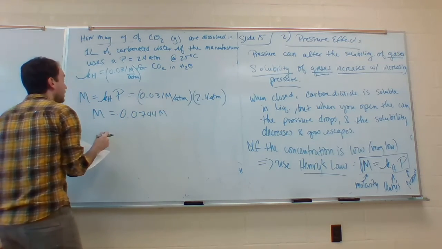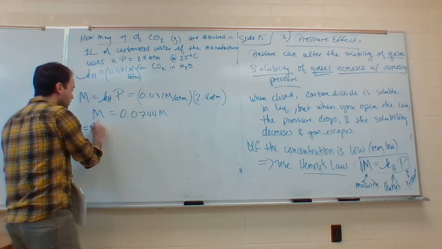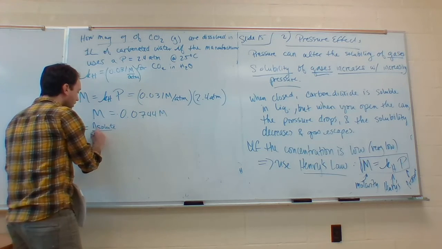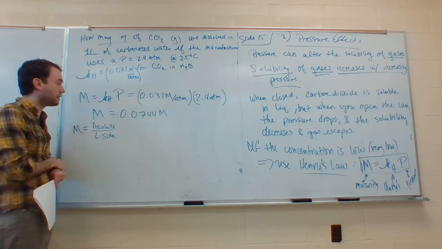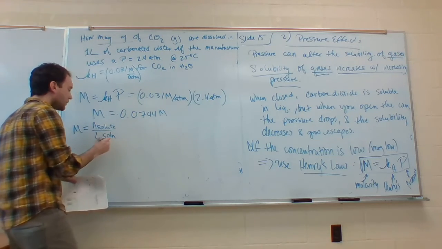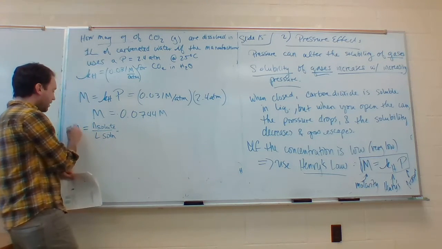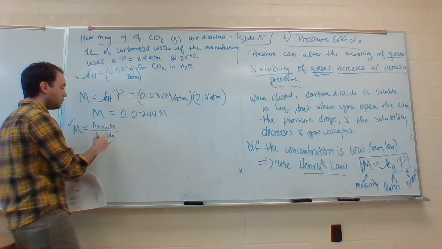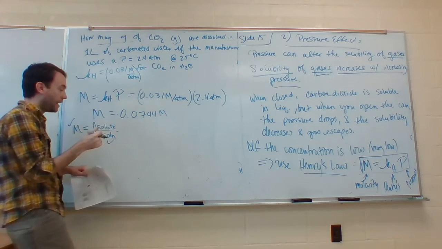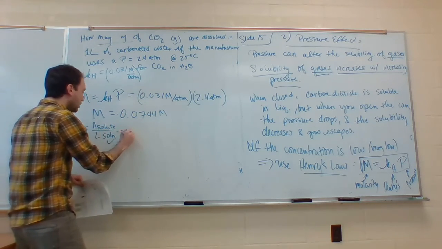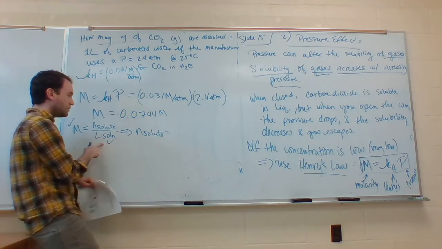So we know that our molarity is defined as moles of solute per liters of solution. We have the volume, we have a liter. So we have our molarity, we have our volume. We don't have our moles of solute, but we want our grams of solute, so we can easily get that. Let's get our moles of solute, and that's going to be equal to our molarity times our volume.